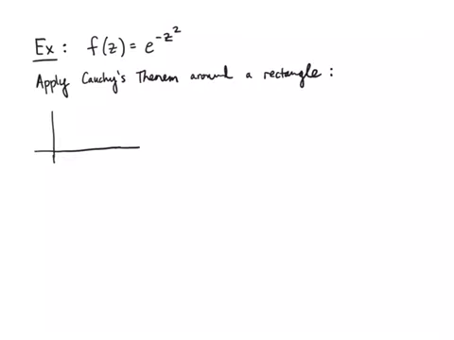So the curve will be like this. And this is R here, and this is i beta. So the dimensions of this rectangle are R by beta. And so you integrate f around that gamma, so call that gamma, and you get 0.